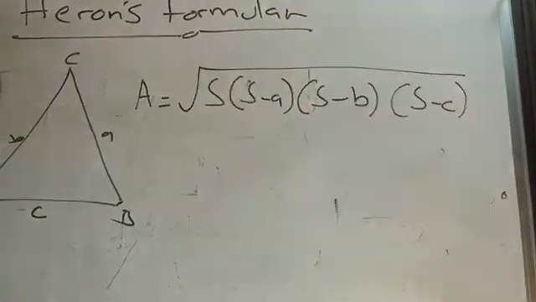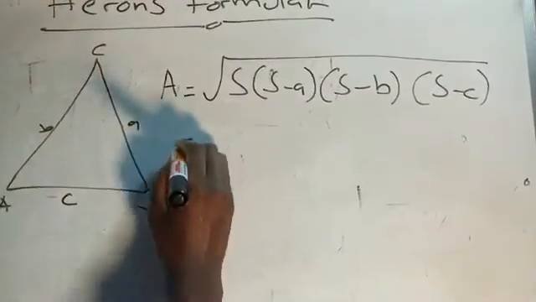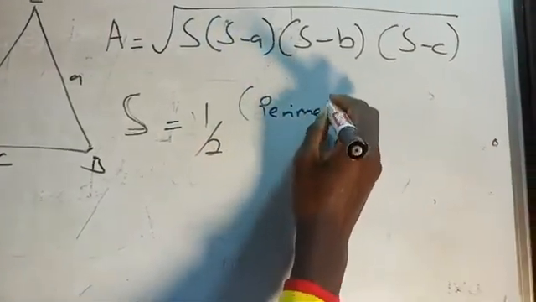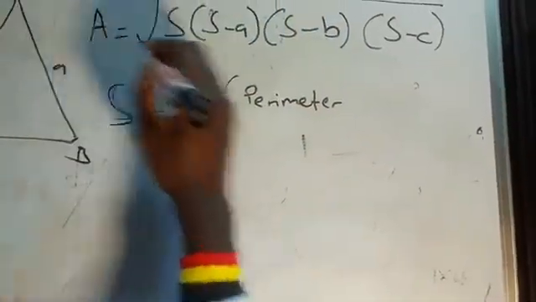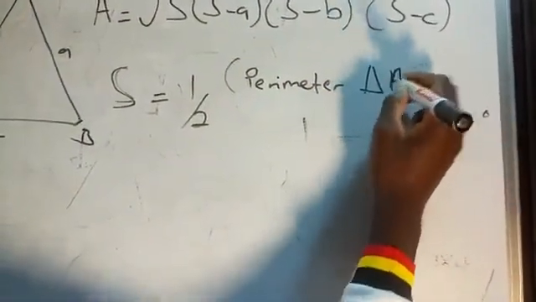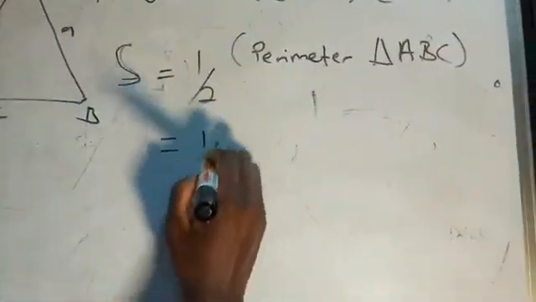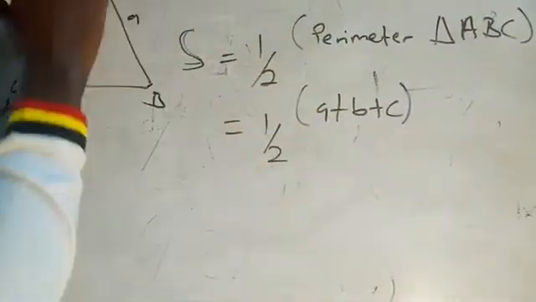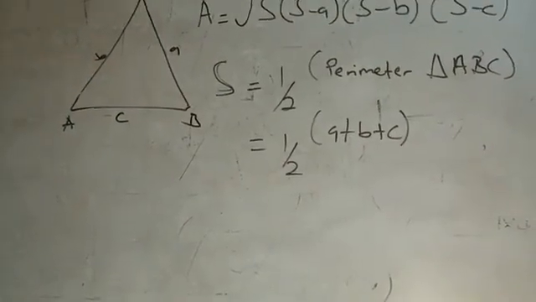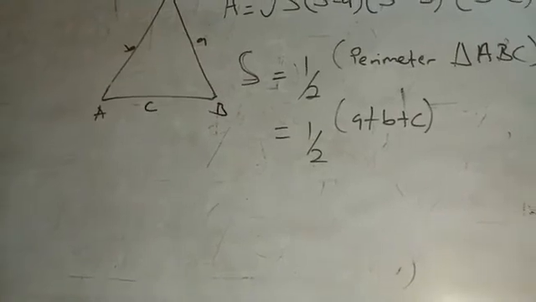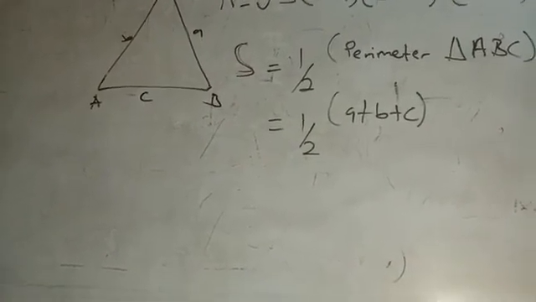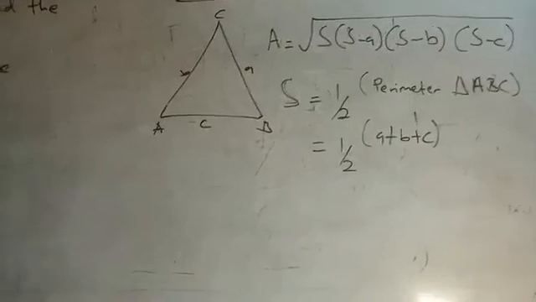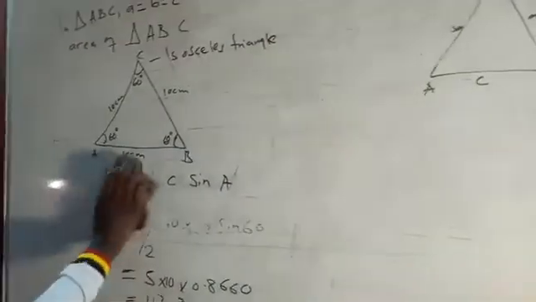To find S, it is equal to half the perimeter of triangle ABC, which is a half into brackets A plus B plus C. So let's look at an example on Heron's formula, where we are going to use the same example we used last time.